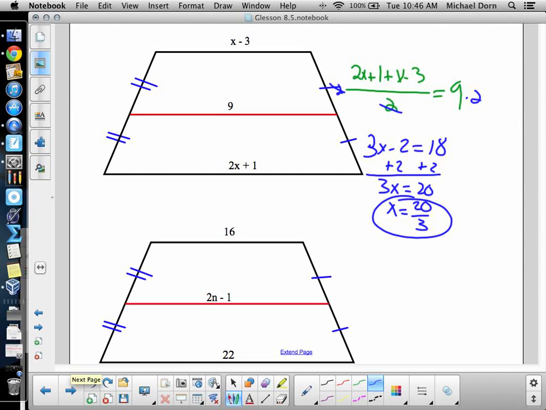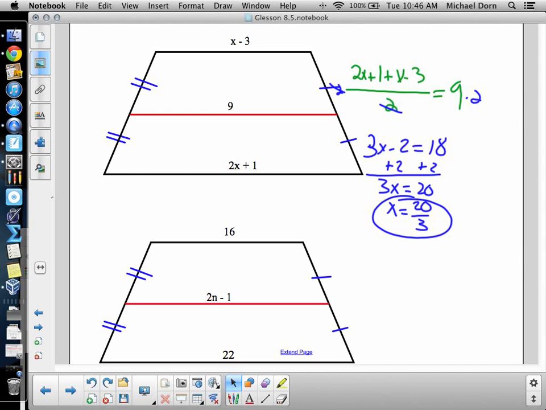Probably wasn't going to guess 20/3 for an answer. But that's the value of x in this case. 20/3 or 6 2/3. So a little different.